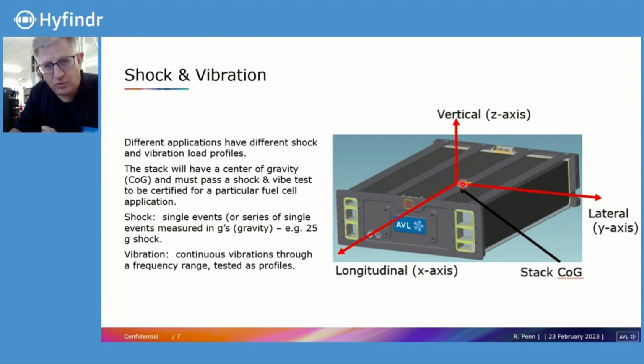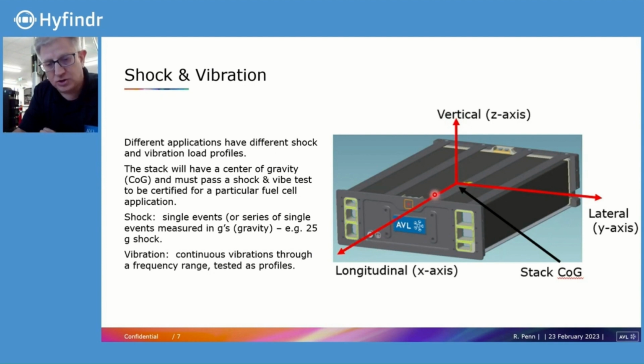So for example, if you're in a marine application on a ship, you may have bow slamming or stern slamming where the ship comes out of the water and hits it down, and there will be a large shock in the z-axis. If you're in an automotive application, you may have some road load, and you may also have a shock requirement in a crash situation, which would more be in the x-axis.